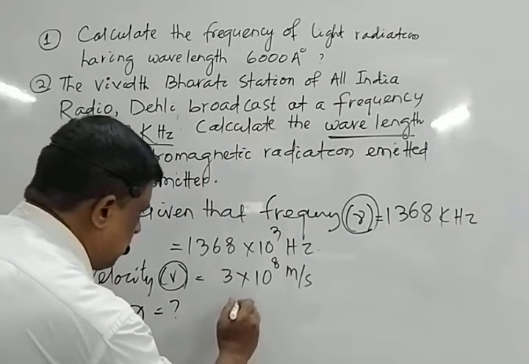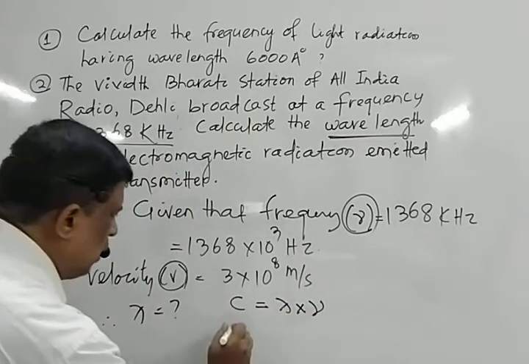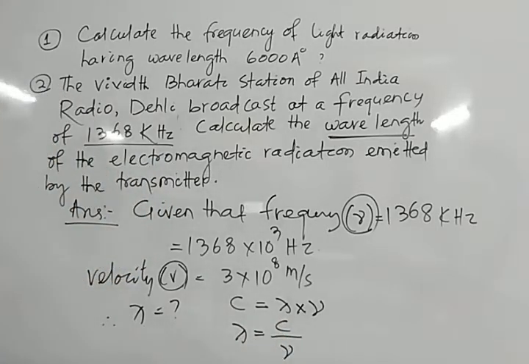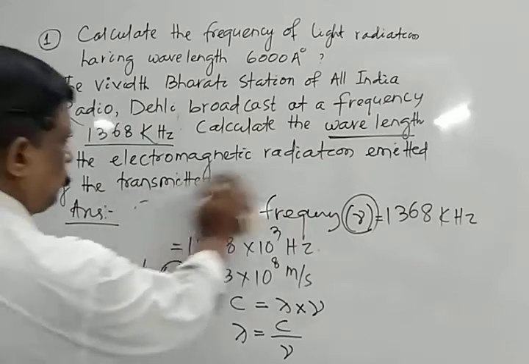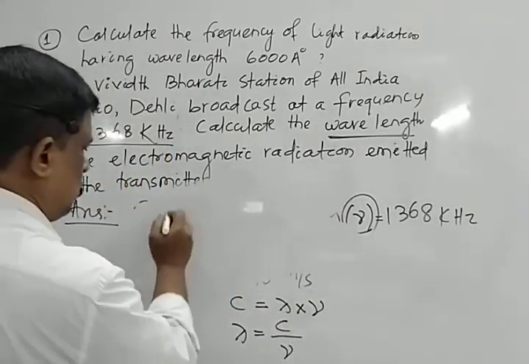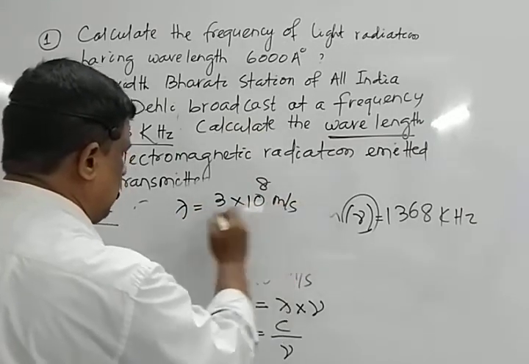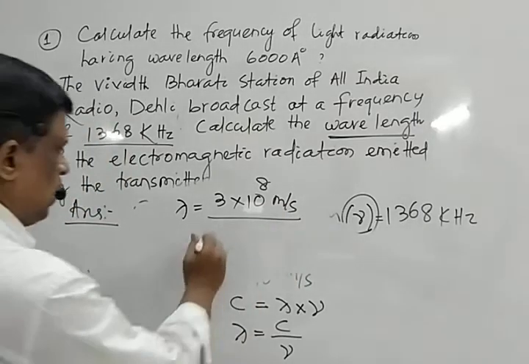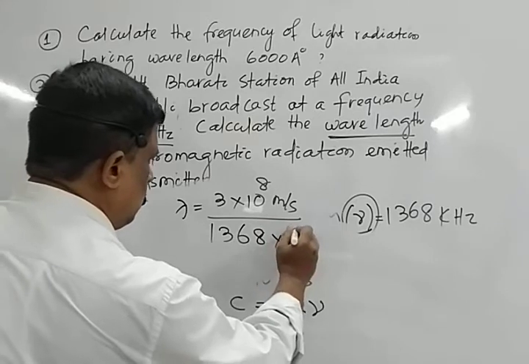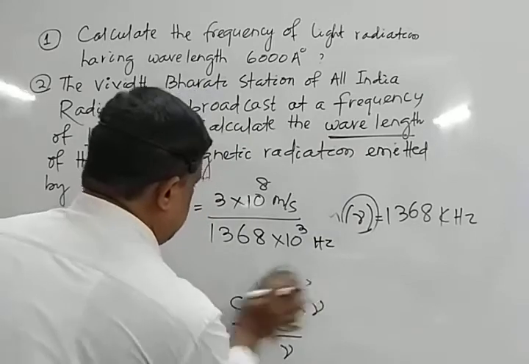We know the relationship: velocity is equal to wavelength into frequency. That means wavelength is equal to velocity by frequency. Putting this value, wavelength is equal to 3 into 10 to the power 8 meter per second divided by frequency 1368 into 10 to the power 3, that is hertz or cycle per second.